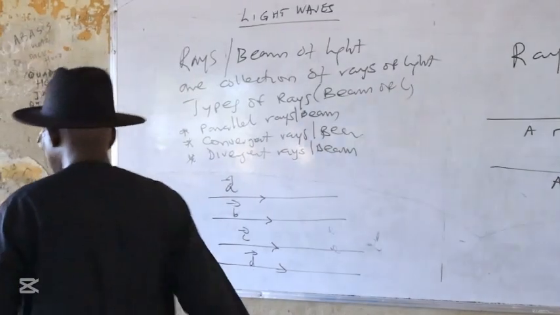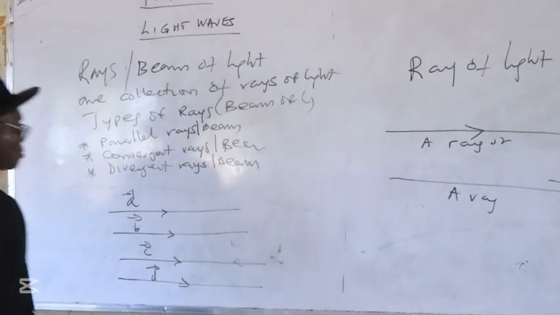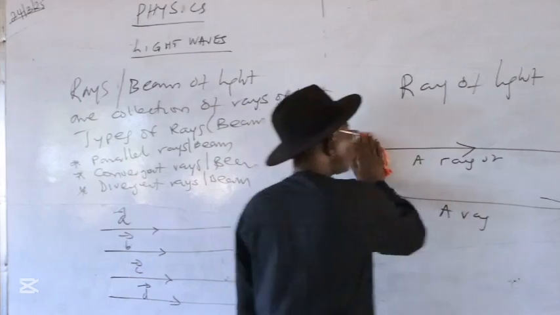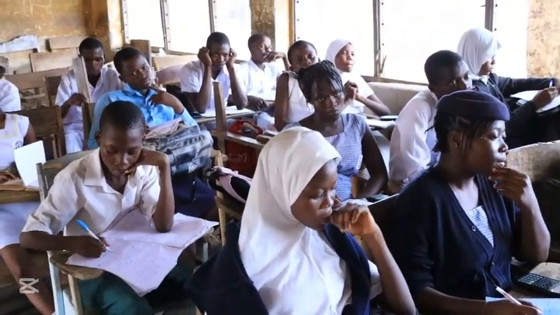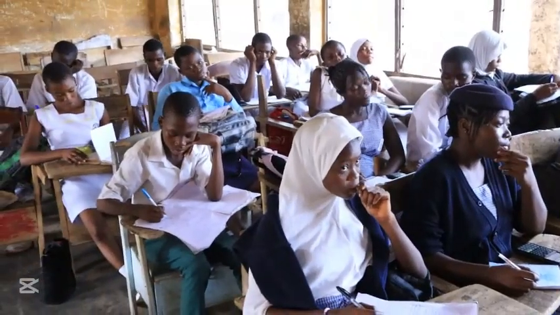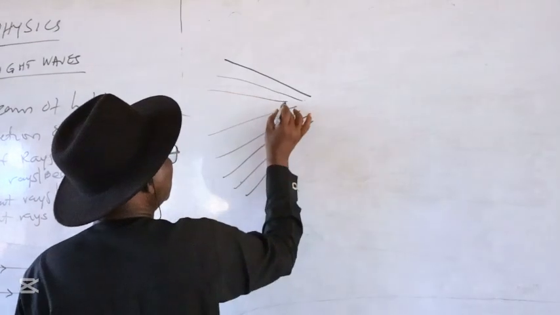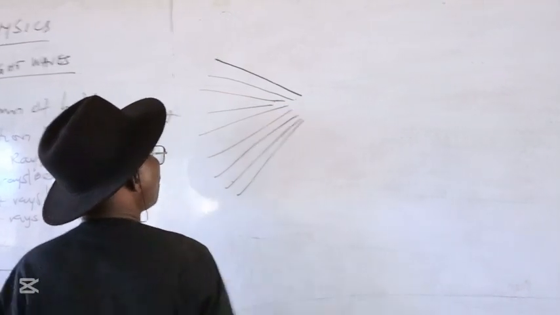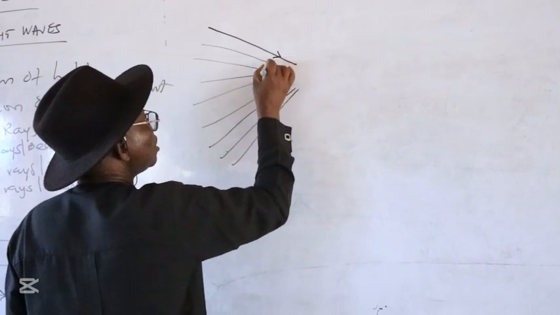They tend to converge. A ray that tends to converge can meet at a point when prolonged. It can be like that, like this, like this.